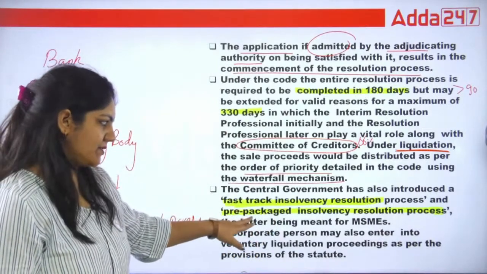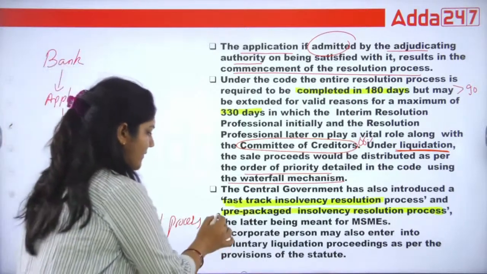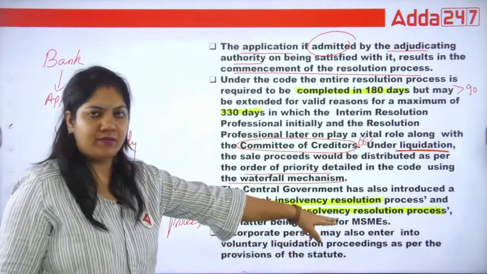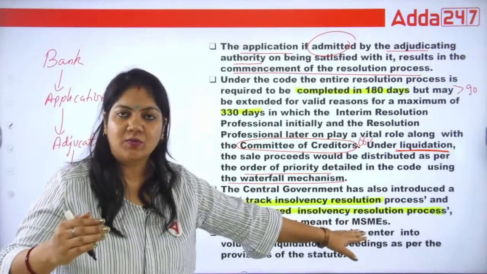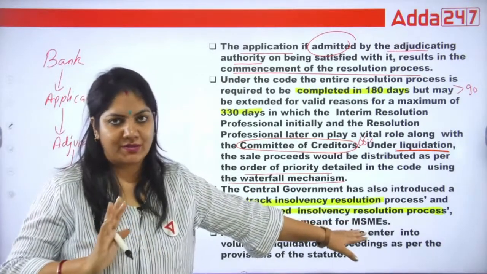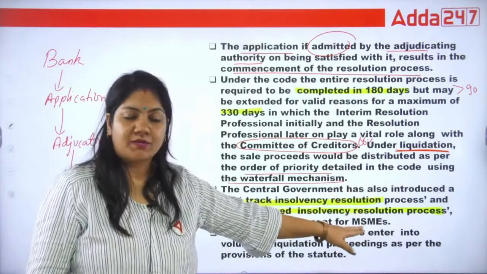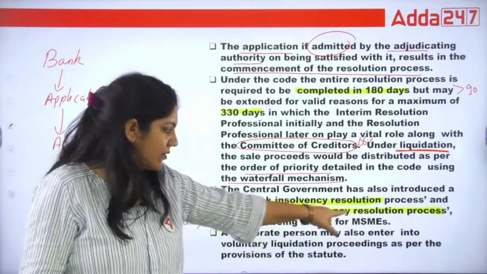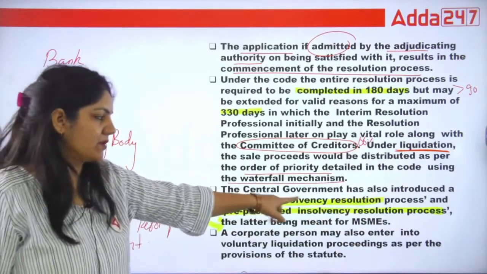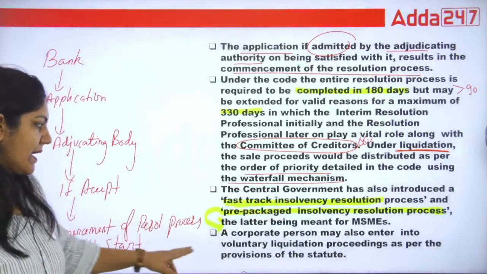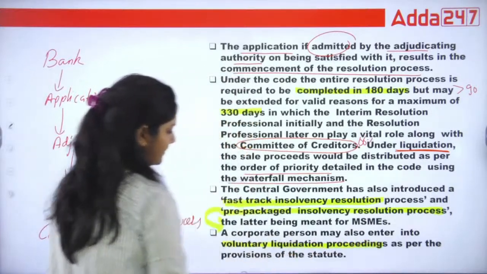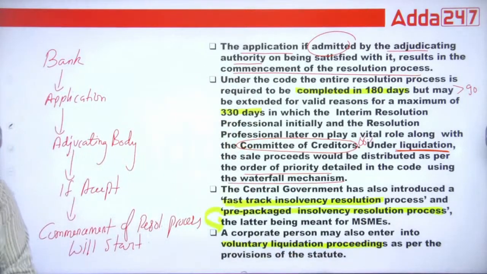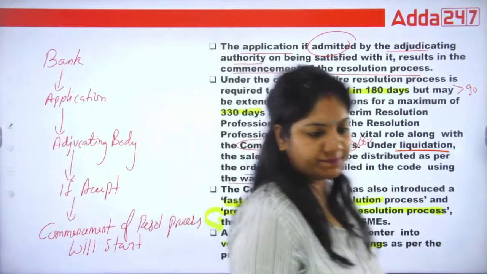This pre-package is only for MSMEs, because in MSMEs the micro, small and medium enterprises matters come in this space. Suppose there is a default, in this case we will organize this pre-packaged insolvency resolution process, and the corporate person may also enter voluntary liquidation proceedings. So this is very, very important.